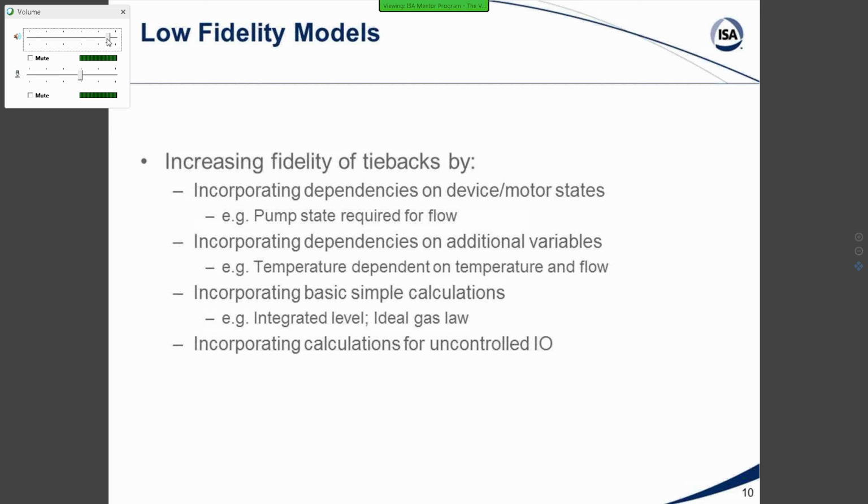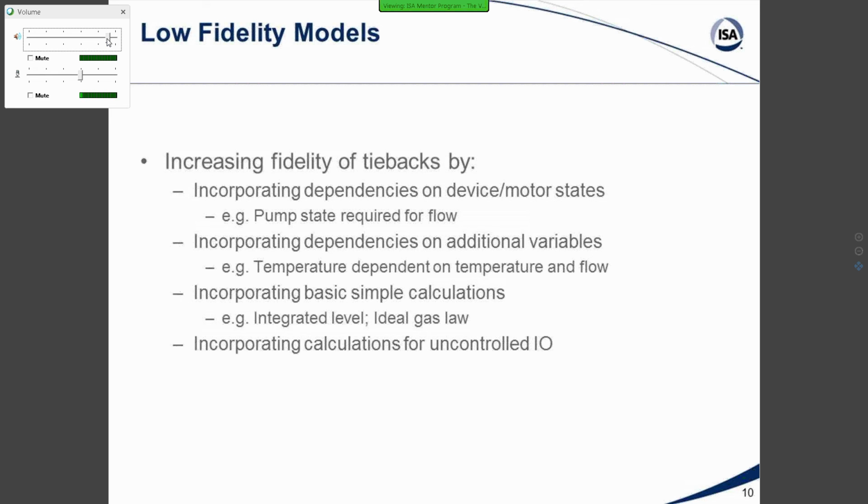That'll allow you a true integrated response instead of a first order plus dead time model for your integrated level. Or, similarly, you might be doing something with the ideal gas law in order to simulate pressures in your system.